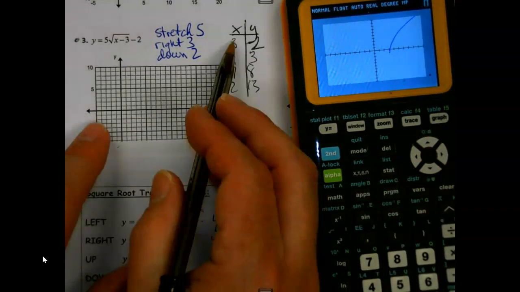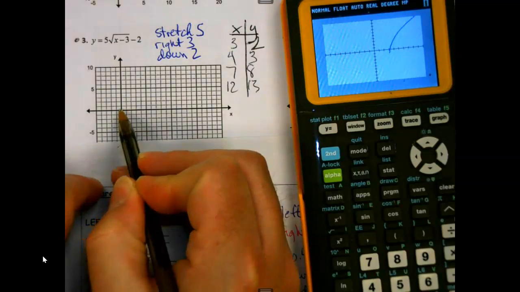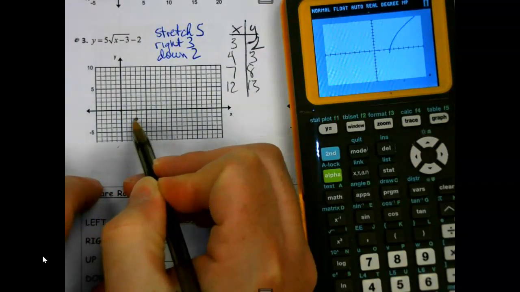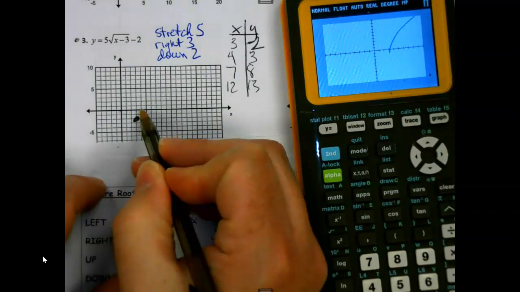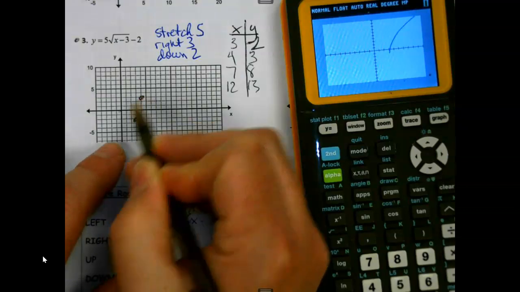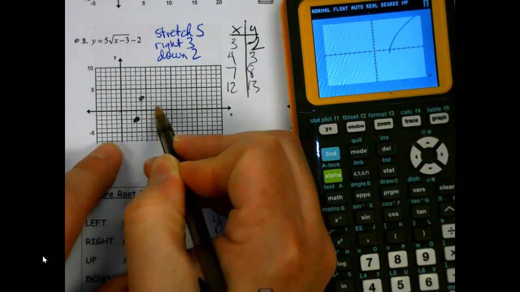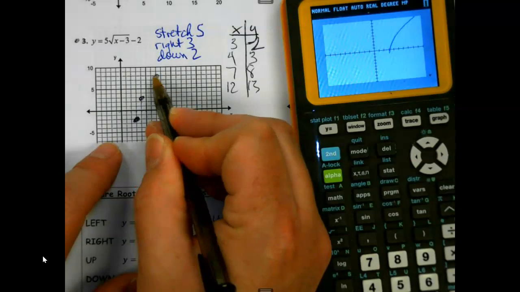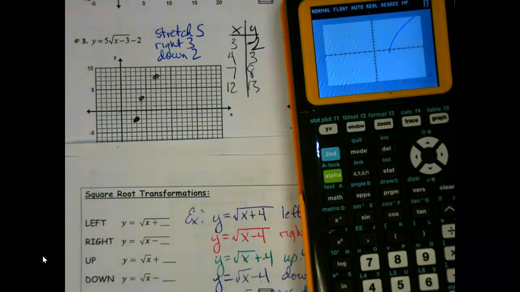All right, let's see. So here we are at the origin at 0, 0. We're going to go right 3, down 2. We're going to go right 1, 2, 3, 4, and up 1, 2, 3. And even if those were the only 3 I got, I've got a pretty accurate graph at this point.